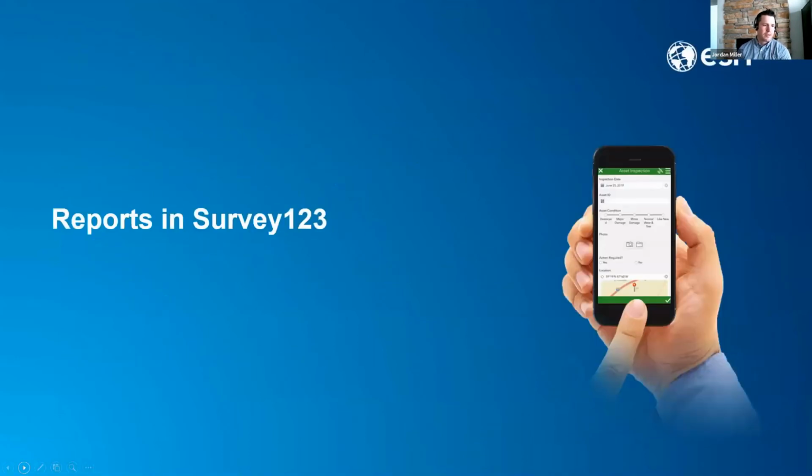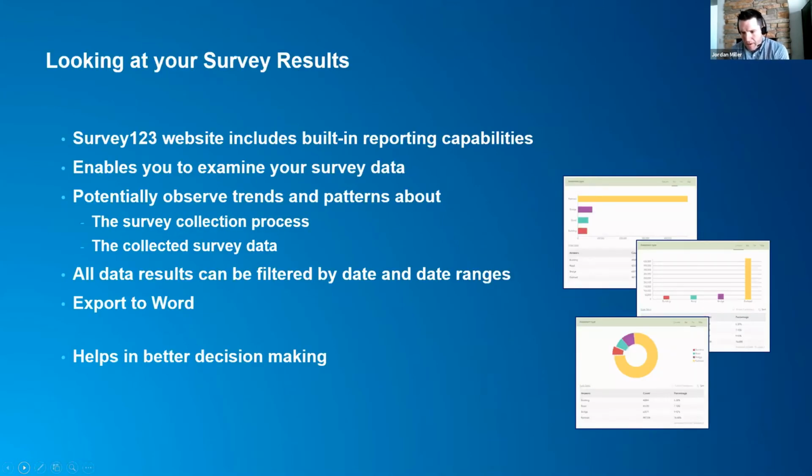So reports in Survey123. There's a couple of different, what I just call built-in reporting type tools right in Survey123, if you're not familiar with using those. Now, as you start to get input back on those surveys, obviously you're going to want to do something with that data. Maybe that's high level, maybe that's more general. I want to get a sense of the type of responses that we're getting, and once you get that information, you want to take action on it somehow.